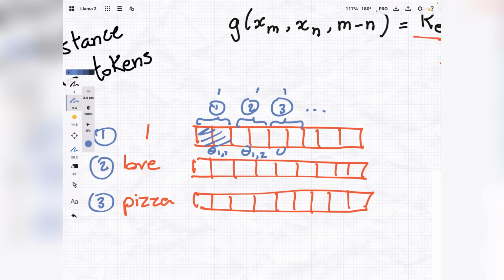For I and the third pair, we have another one. I'm just going to reduce this slightly. Same thing for this one. Here we have theta 2, because this is for position 2, pair 1. Theta 2, position 2. You get the idea. So we need as many thetas as we have tokens in the sequence and pairs in the dimension of the embedding.